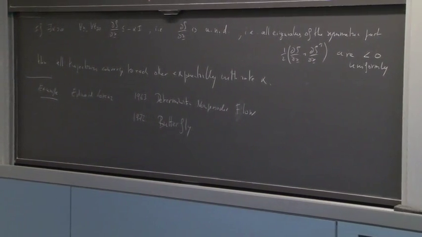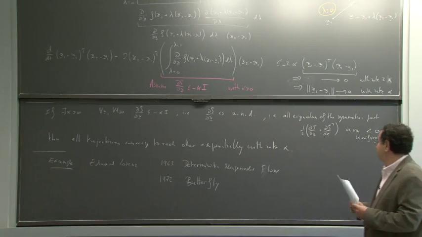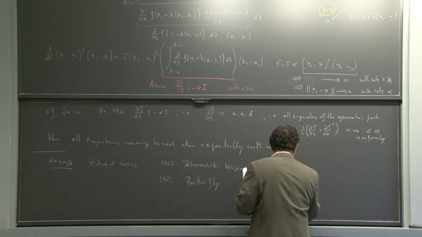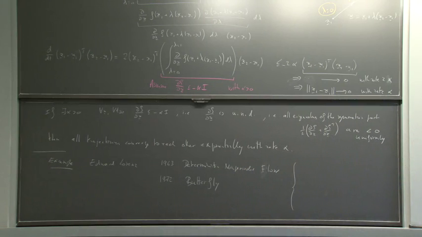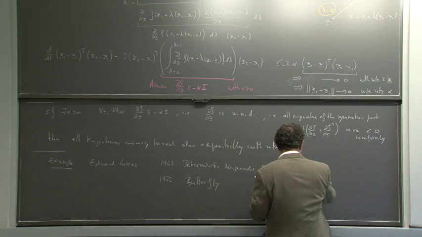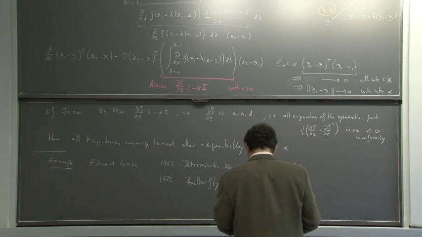So why am I talking to you about the Lorenz system? Let me give you the Lorenz system, which again is a simplification based on a simplified model of the Navier-Stokes equation and Bénard convection.